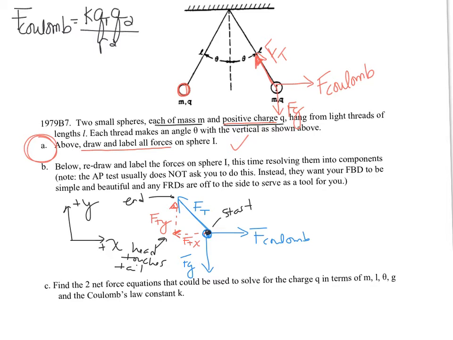Our other two forces are already in the x and y direction, but let's draw over them just to remind ourselves that this F Coulomb is in the x direction and this F gravity is in the y direction.